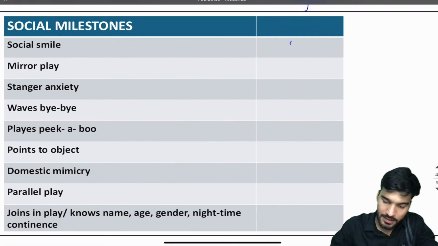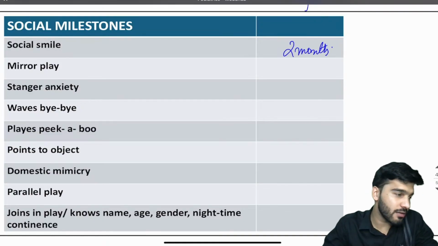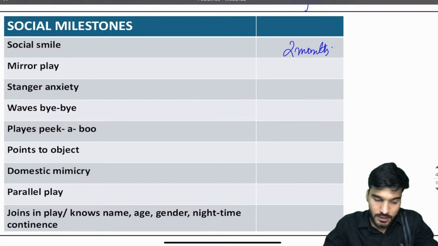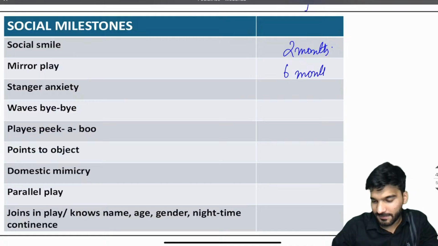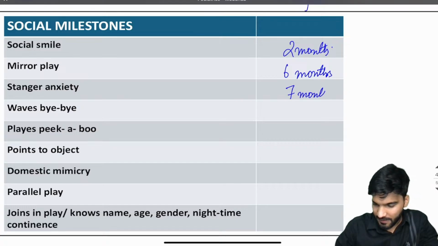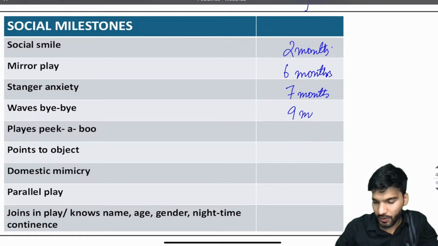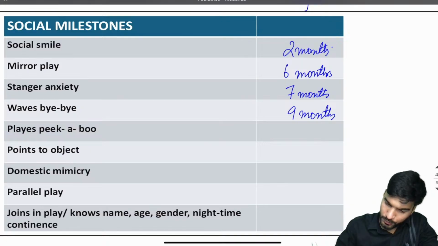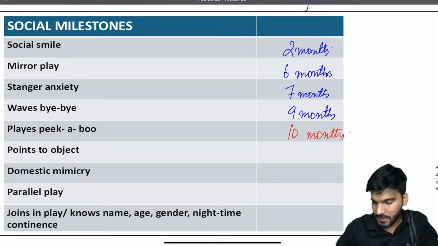The social smile is at 2 months. Usually there is no particular trick, but you can make one by yourself. Mirror play by 6 months. Stranger anxiety, 7 months. Waves bye-bye, which is mentioned in our question, 9 months. Peekaboo, 10 months.